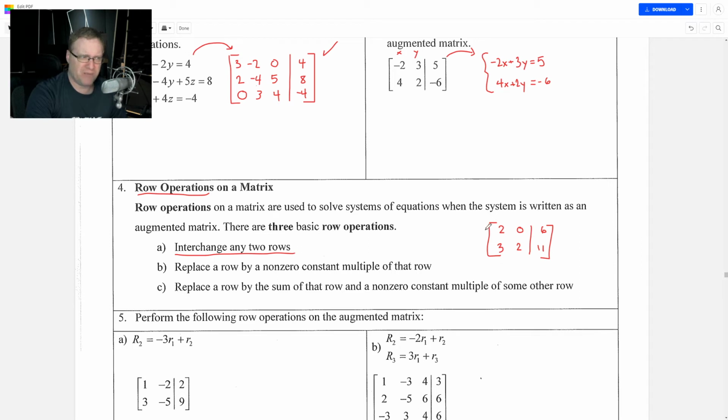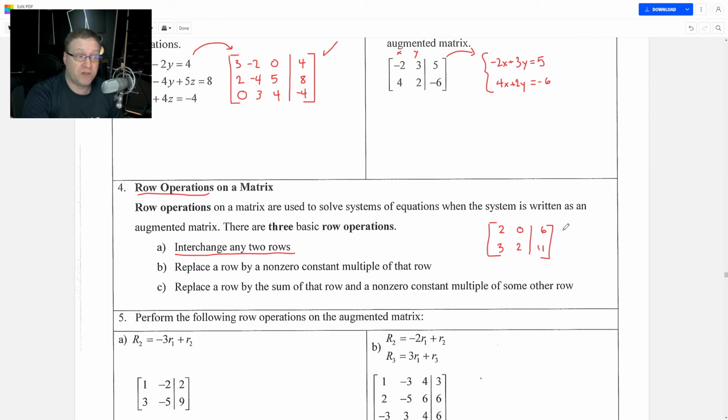What does that mean? It means I can switch the rows. I can put this one on top and this one on bottom, and it's still the same thing. All right, and that's true, of course. What is this? This is 2x, 0y, so 2x equals 6. And this is 3x plus 2y equals 11. All right?